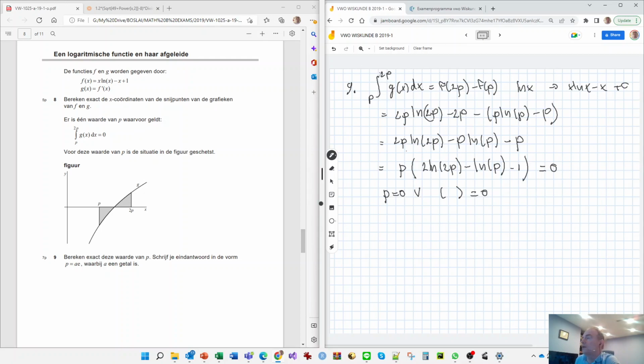Now let's look at the other. So, I write this already as 2p squared minus log p minus 1 is 0. And then I can put them under one logarithm.